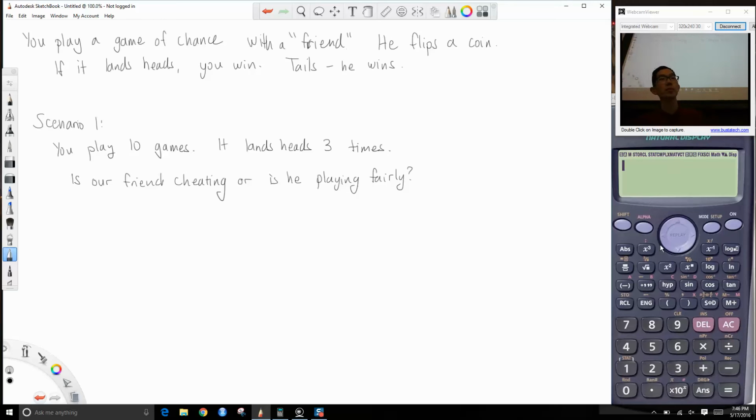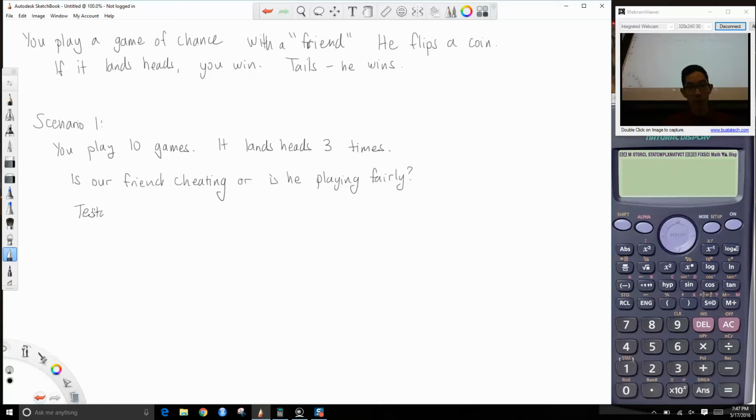So we're going to put this in such a way that we can test it. We're going to say the claim will be, let's assume our friend is playing fair, meaning the probability of heads is going to be 0.5.